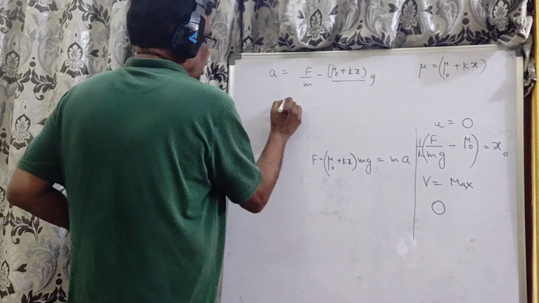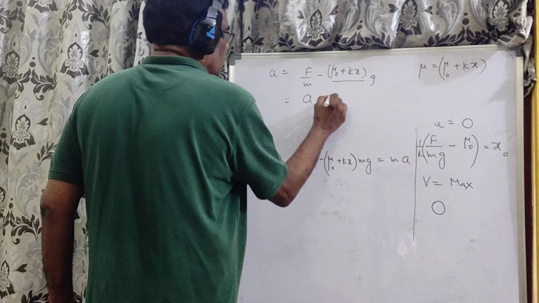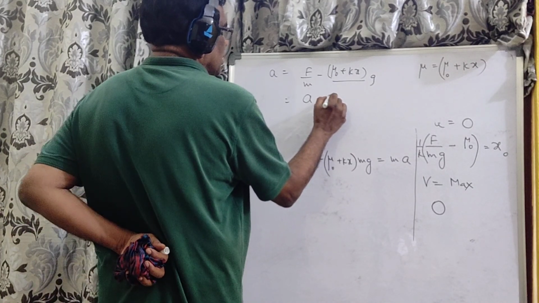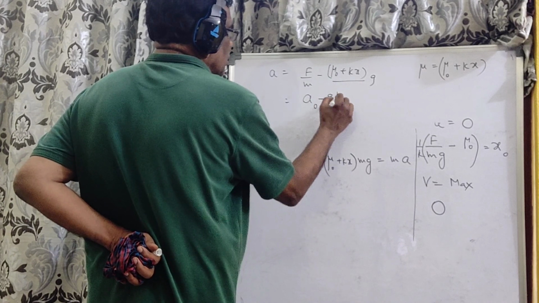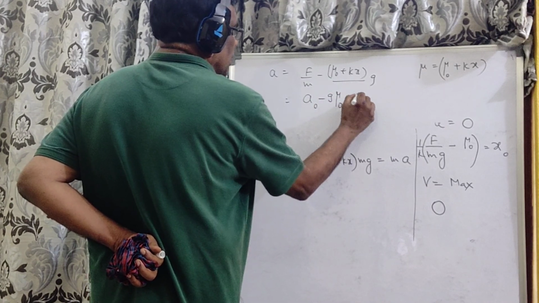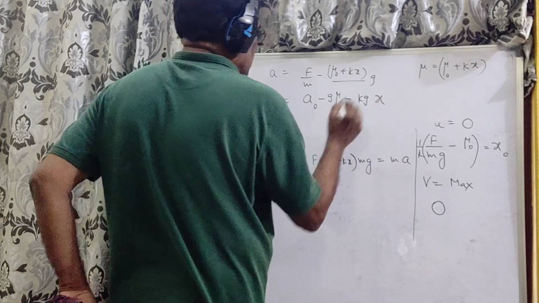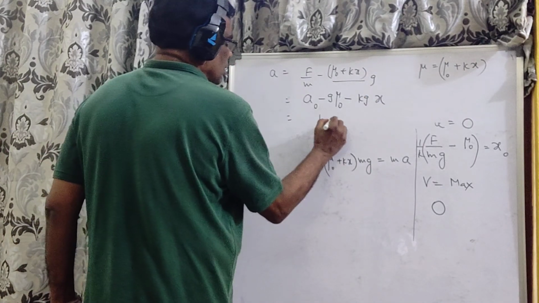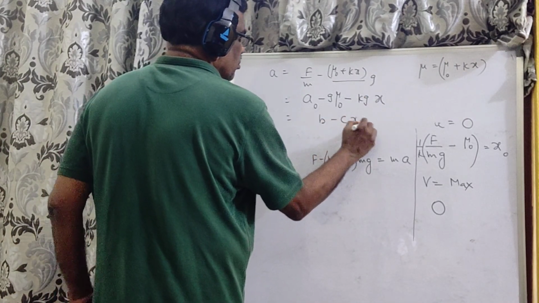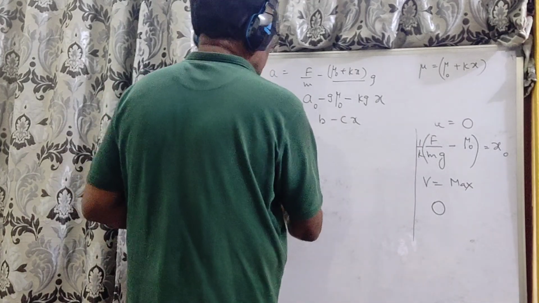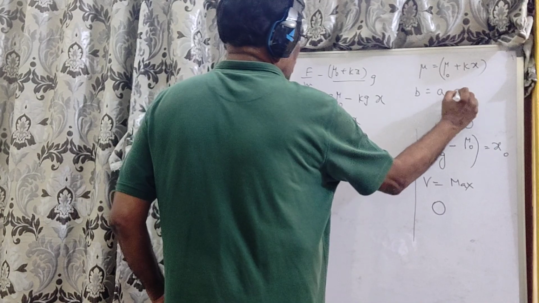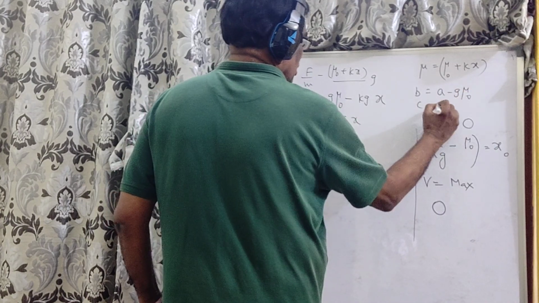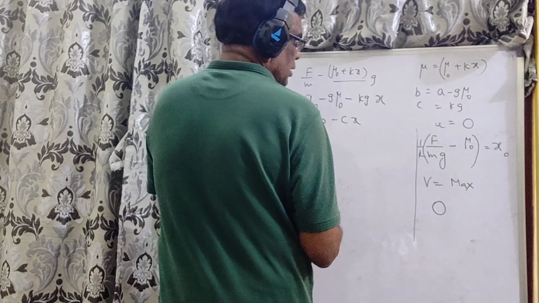I'll write this as A naught minus G mu naught minus kgx. So let B be A naught minus G mu naught, and C is equal to kg.